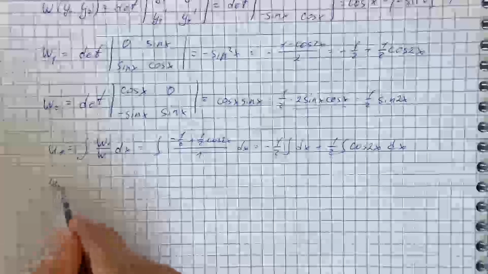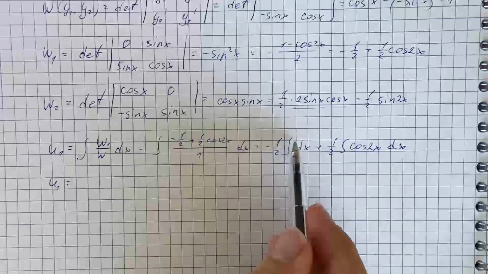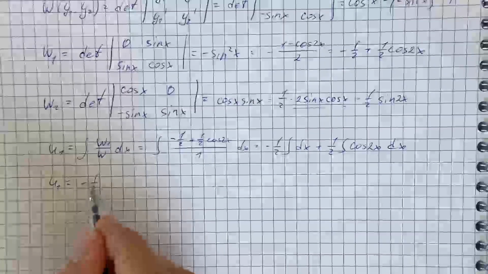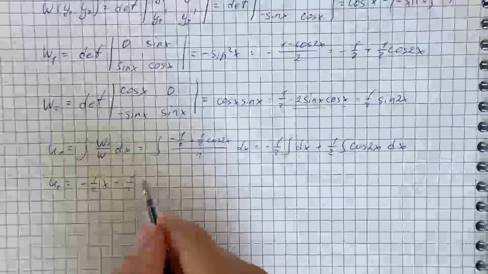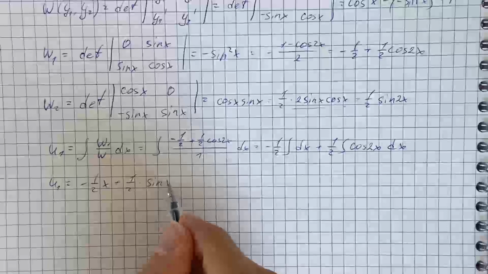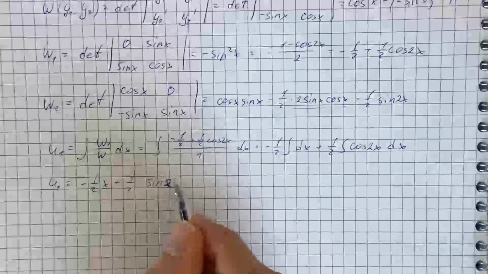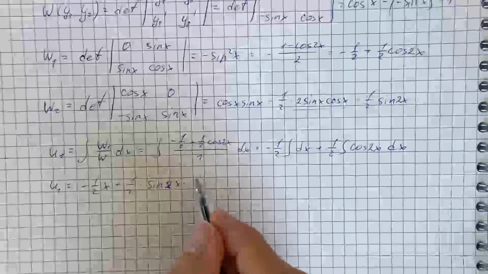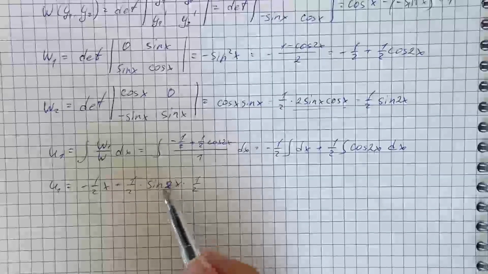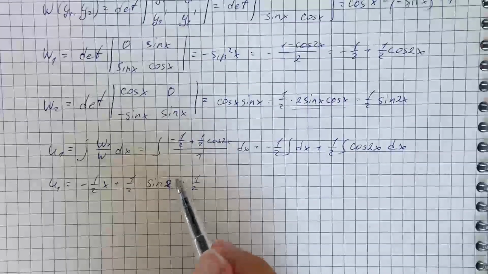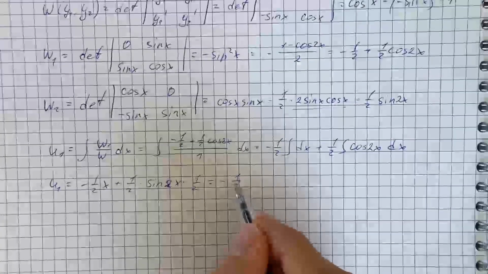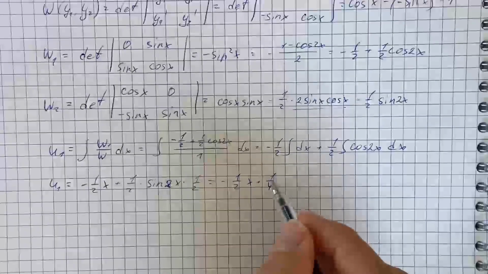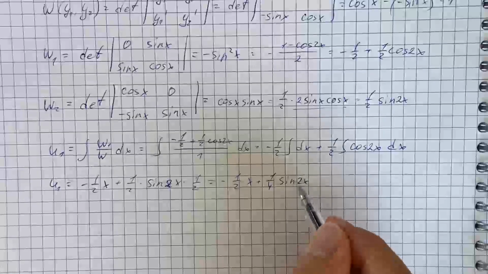And therefore we get that u1 equals, the integral of dx is x, and the integral of cosine of 2x is sine of 2x, and we have to multiply it by 1/2 because of the coefficient in front of x. And therefore we get that u1 equals negative 1/2 x plus 1/4 sine of 2x.